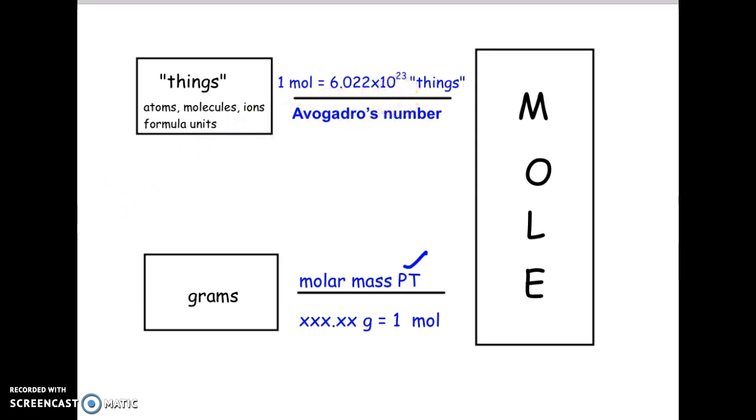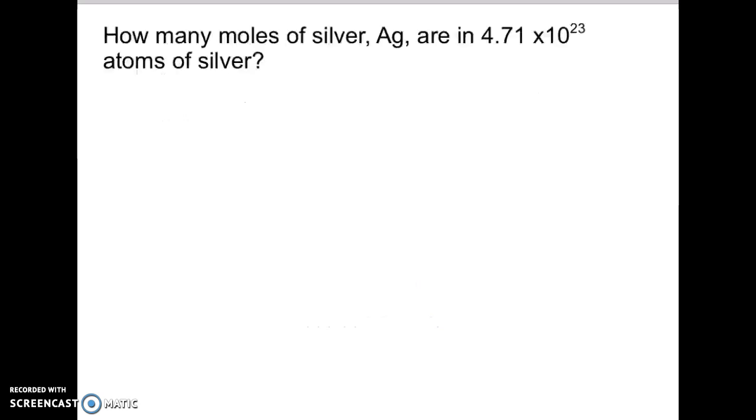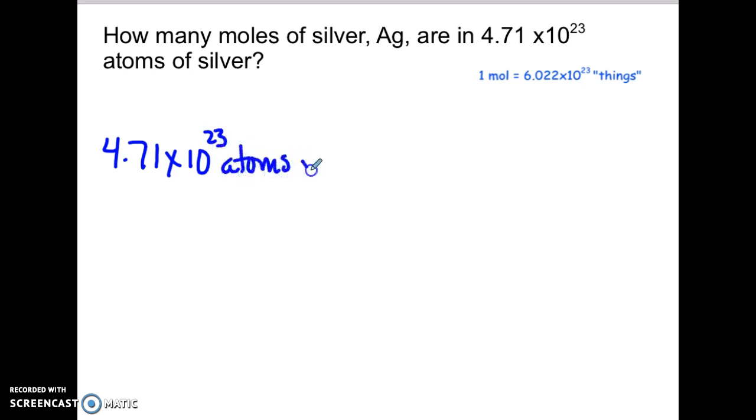So I know that 1 mole is equal to 6.022 times 10 to the 23rd things. I'm going to start out with what I know, which is 4.71 times 10 to the 23rd atoms. I am then going to have to put atoms in the bottom.